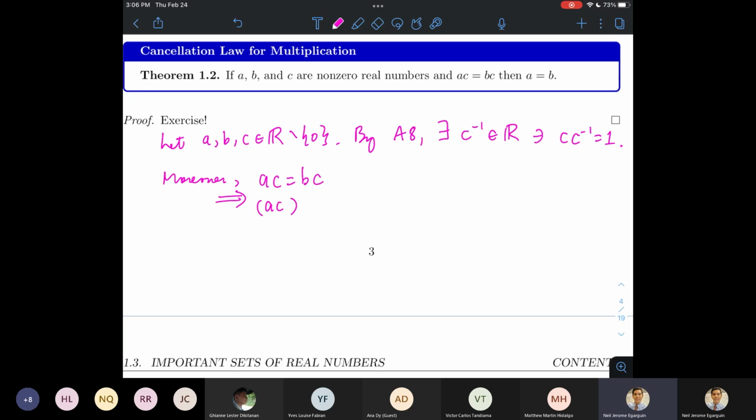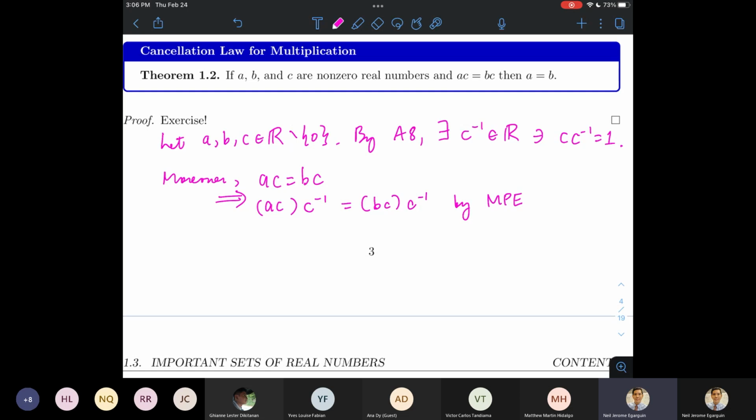Kasi nga si multiplication ay binary operation. So dapat 2 at a time lang yung pinagmo-multiply ko. Alright? So that's why I write it this way, equals quantity BC equals C inverse. Sorry, but may equals. So C inverse, by MPE, multiplication property of equality.